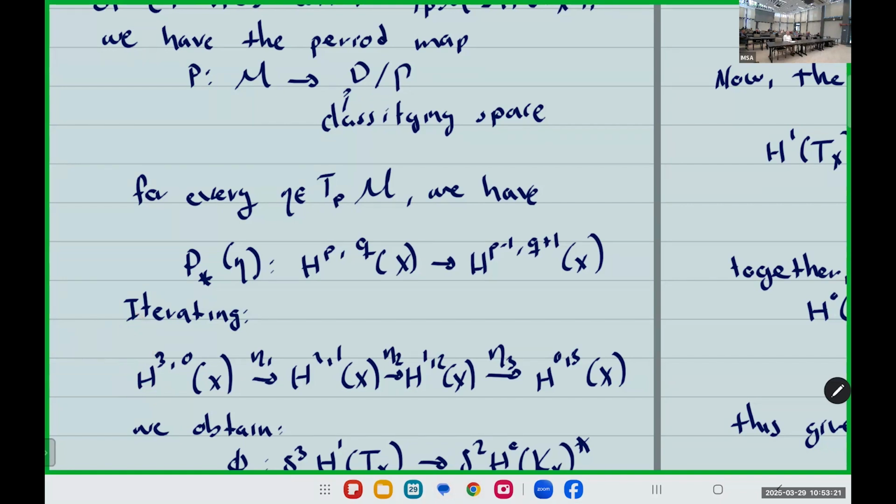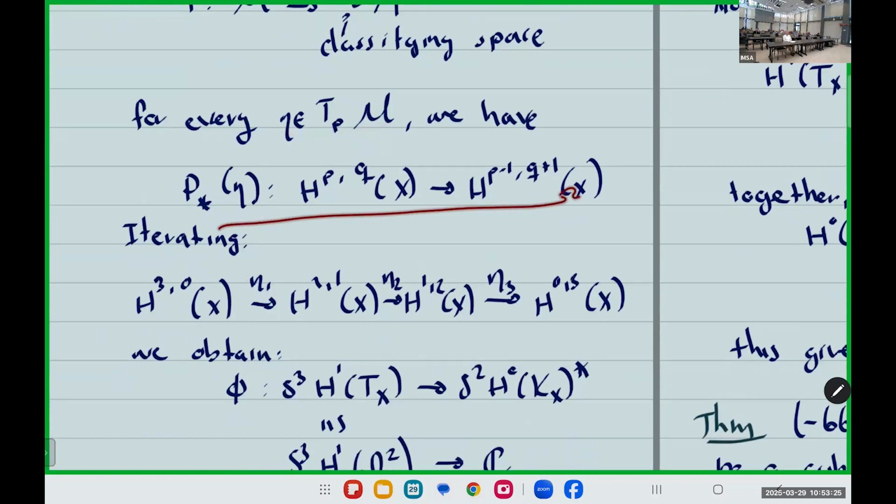Now we take one tangent vector, and by this property we go to H^{2,1}. Then we take another tangent vector, apply that again, and we go to H^{1,2}, and then a third tangent vector takes us to H^{0,3}.